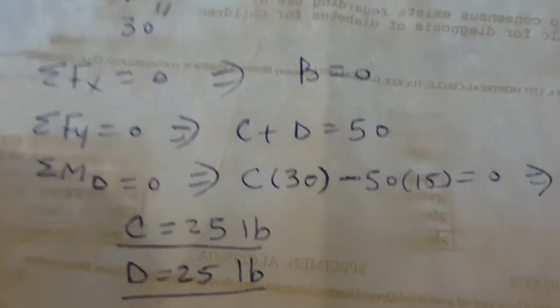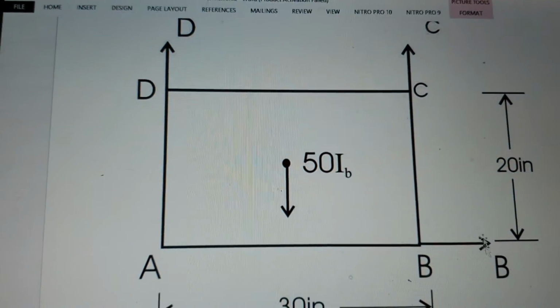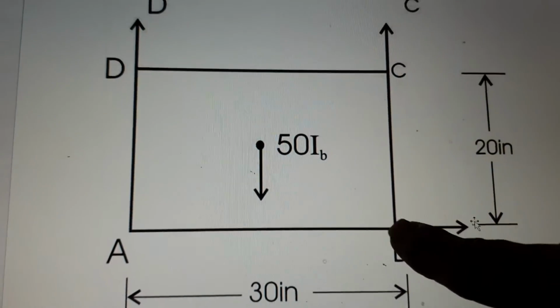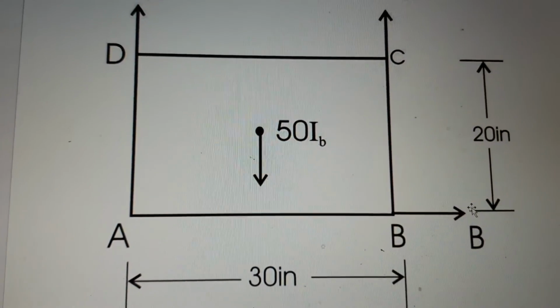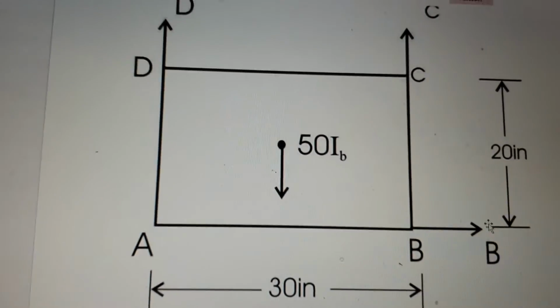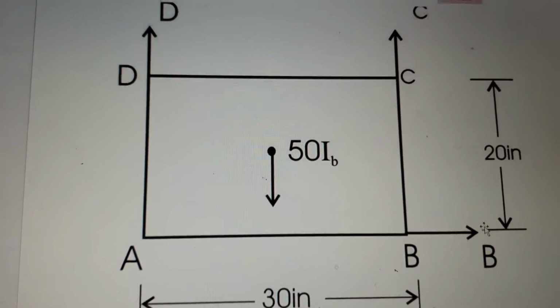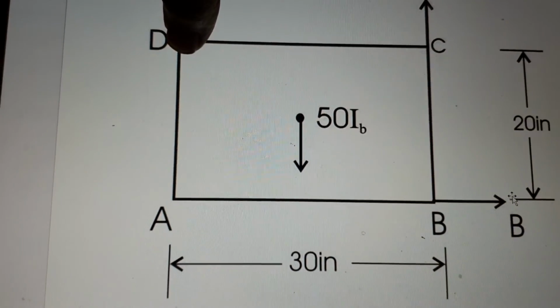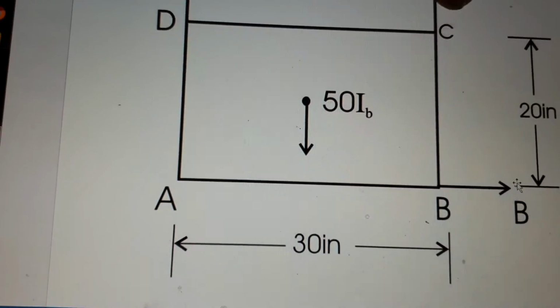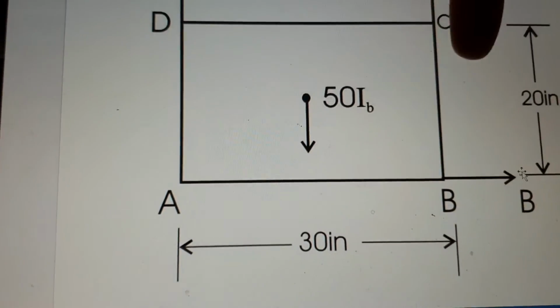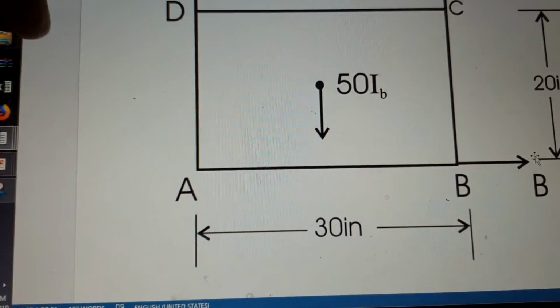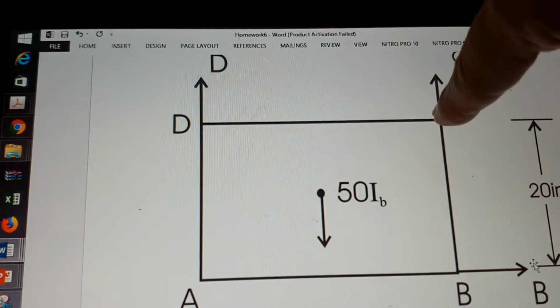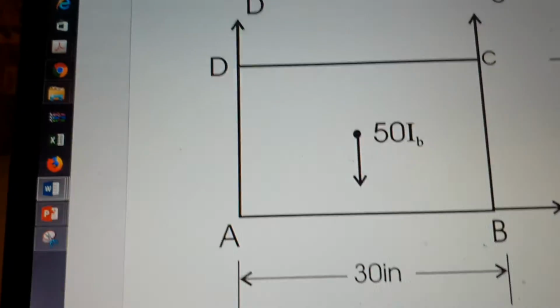Now, the third equation is summation of moment. Let's take any location. Of course, now we know that B is 0, so you don't have to take moment at this point because it's not going to help you. Let's take moment at either C or D. I'll choose D. I'll put a nail here, and this tension will pull the rectangular that way, counterclockwise.